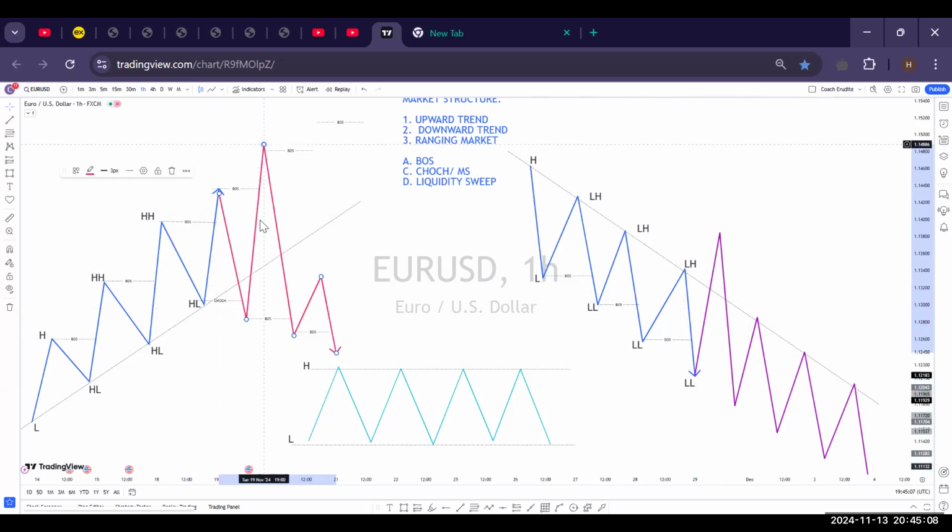But when price does not, once price breaks your lower high, your higher low, and never continues in the original direction, we see that as a change of character.